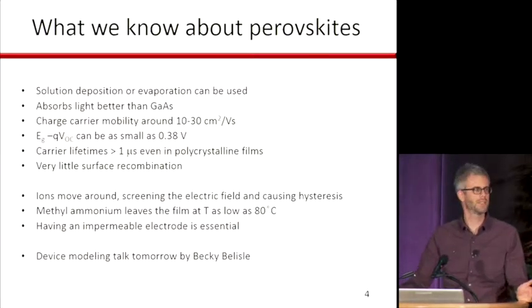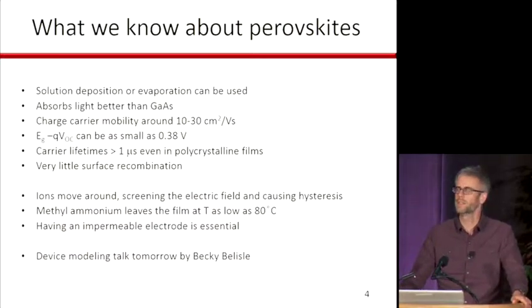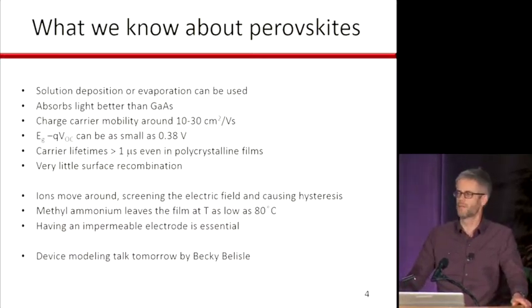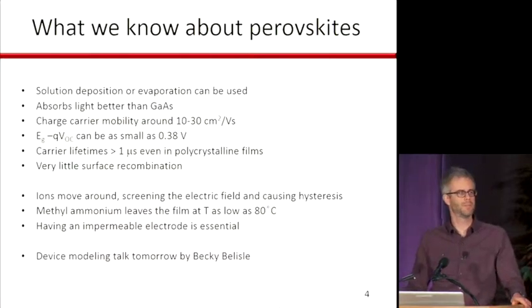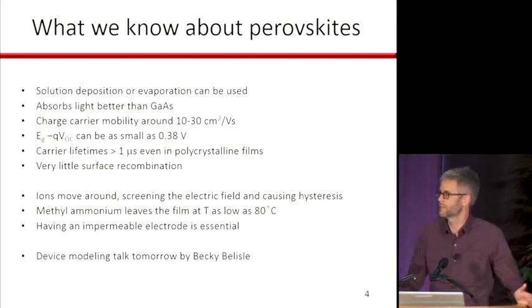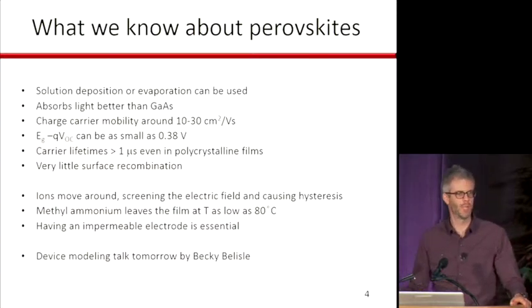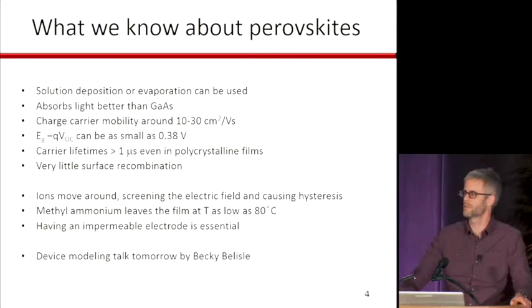So recombination is very slow in these materials. Carrier lifetimes are over a microsecond, which is remarkable for a very strongly absorbing material, because usually if a semiconductor absorbs well, it also emits very rapidly. There's very little surface recombination. We've not yet been able to measure it because it's just so low that we can only say that it's lower than 65 centimeters per second.